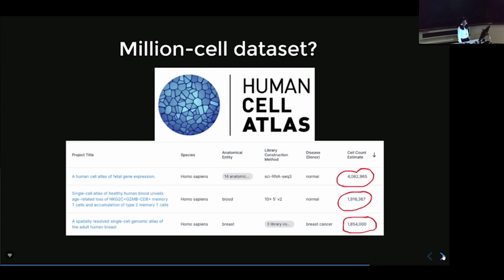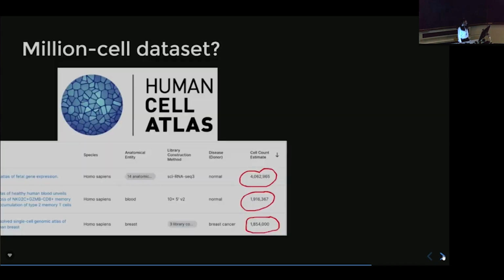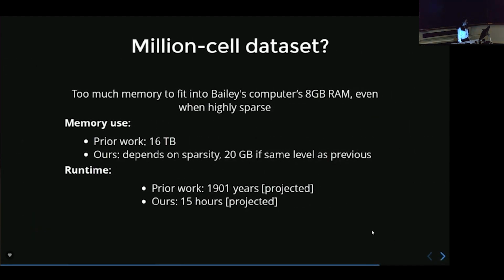Are we there yet? Unfortunately, we still have some physical limitations that we reach on Bailey's computer, because even when the data are highly sparse, a normal computer, a good one, has up to 8 gigabytes of RAM, so you will need something larger.